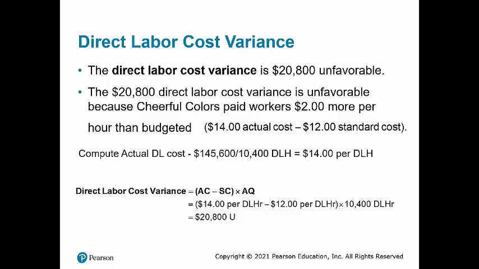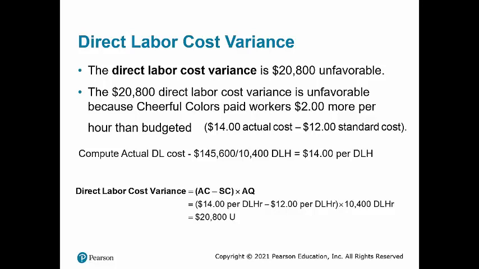We can calculate that by taking the actual cost of $145,600 and dividing by the actual direct labor hours of 10,400, and that gives us $14 per direct labor hour. The $20,800 direct labor cost variance is unfavorable because Cheerful Colors paid the workers $2 more per hour than what was budgeted.